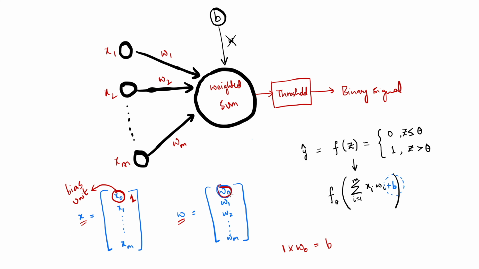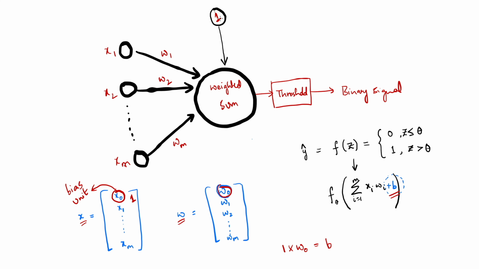It is easier to express in terms of matrices instead of defining it separately. Modifying input vectors is inconvenient, or it is inefficient coding wise. So that is why what we will do here is we would associate a weight here instead of the bias.